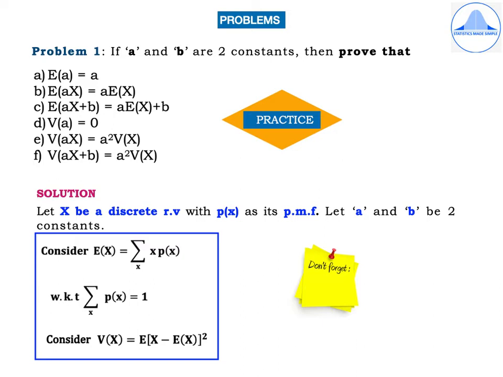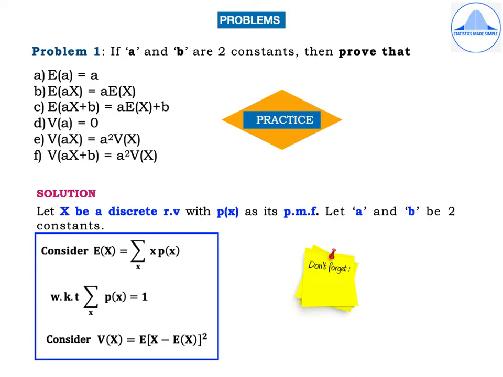That is, V of A is equal to 0. The next result is V of AX is equal to A square V of X. And the sixth result is variance of AX plus B is equal to A square V of X.